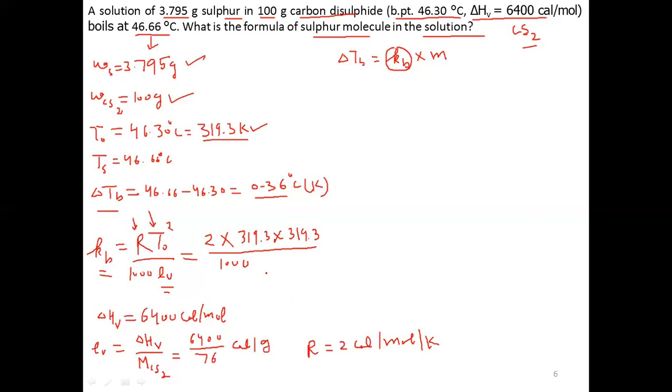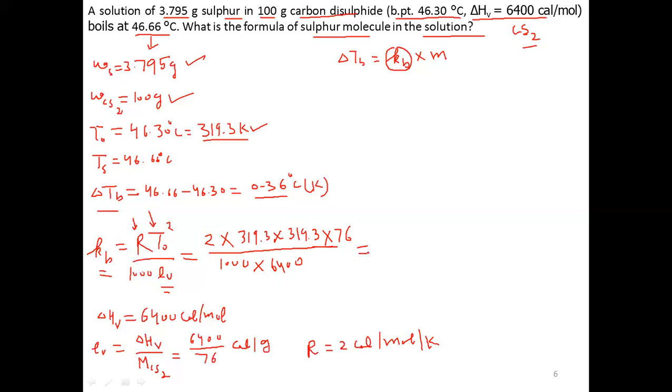Lv is 6400 divided by 76, so 76 will go in the numerator. So this is the expression for Kb.